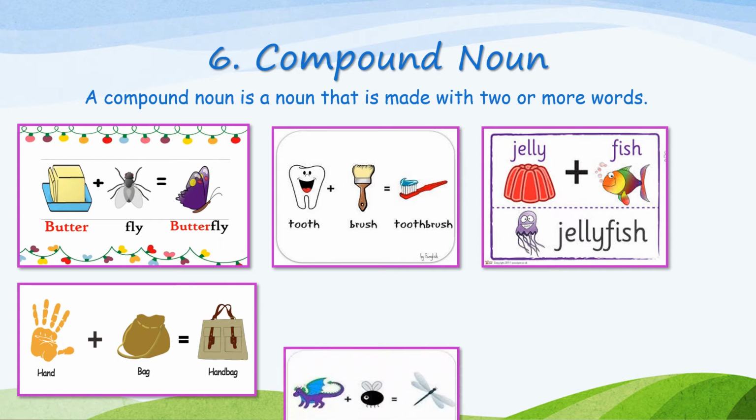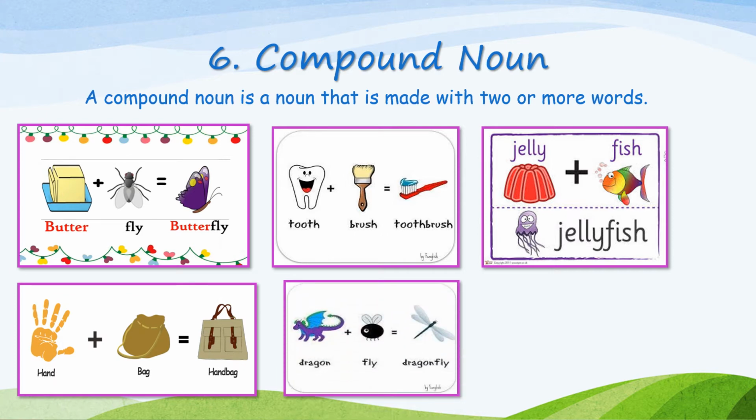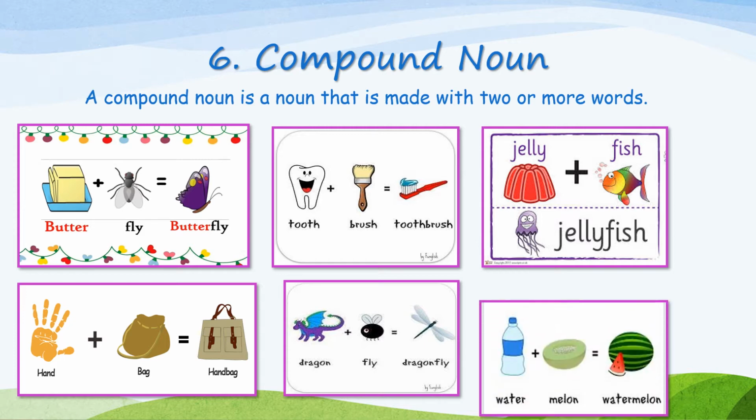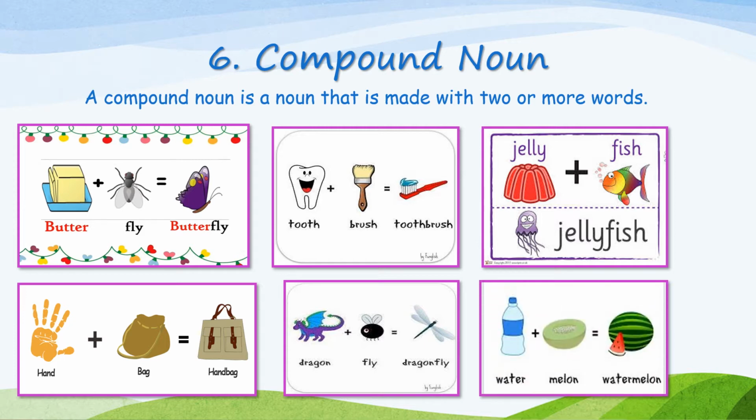Hand bag, handbag, dragon, and fly. So we have a new word which is called dragonfly. Yes, finally we have the last one, water and melon. Okay, we have a new word, watermelon.